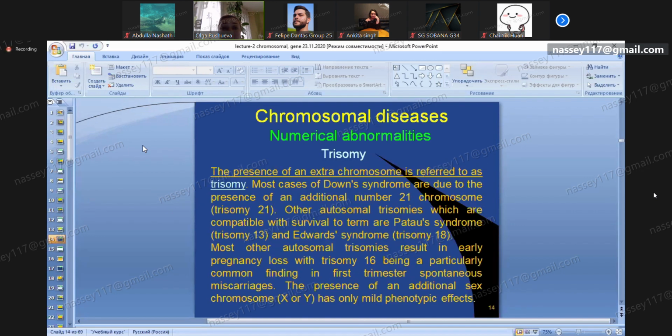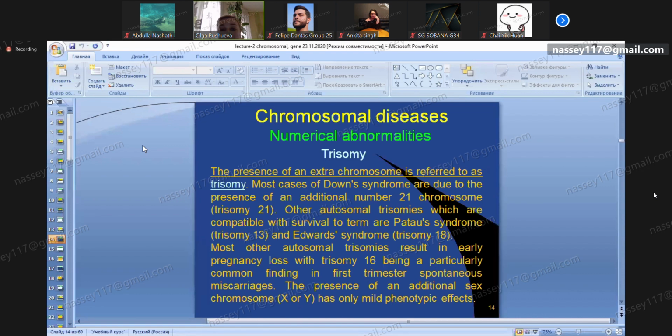The presence of an extra chromosome is referred to as trisomy. Most cases of Down syndrome are due to the presence of an additional 21st chromosome, so-called trisomy 21. Other autosomal trisomies which are compatible with survival to term are Patau syndrome, trisomy 13, and Edwards syndrome, trisomy 18.